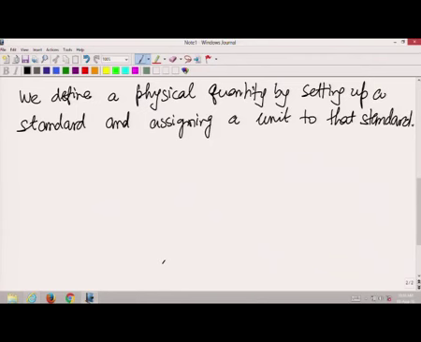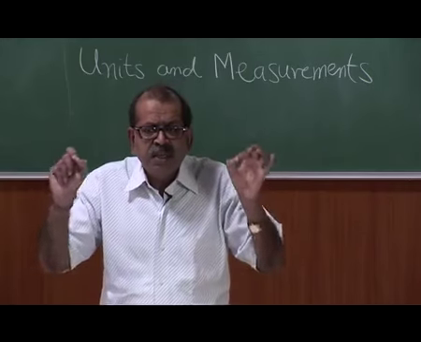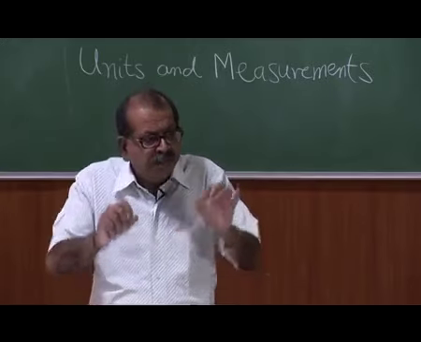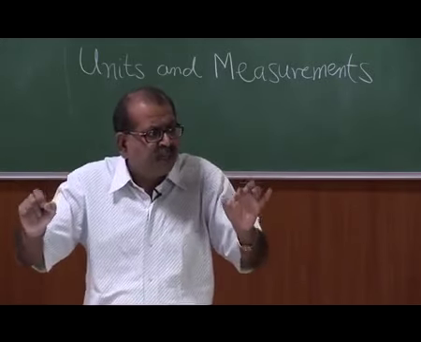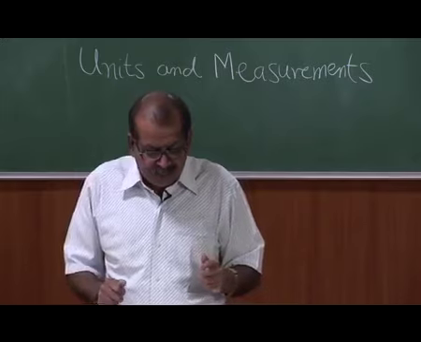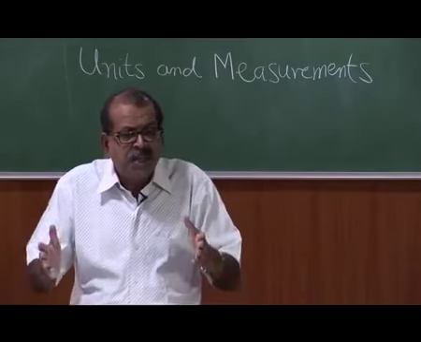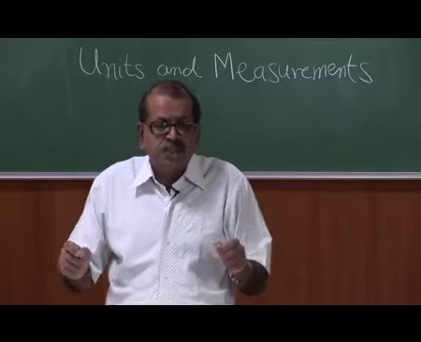For example, we take a specific length and we say this length is 1 meter. So, that means now this will be a standard length, we call that as 1 meter. Any other thing which has to be measured, we express it as a multiple of this length.